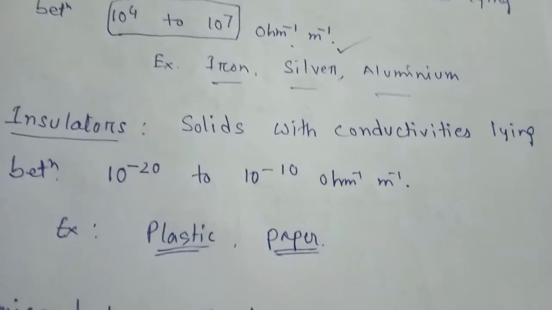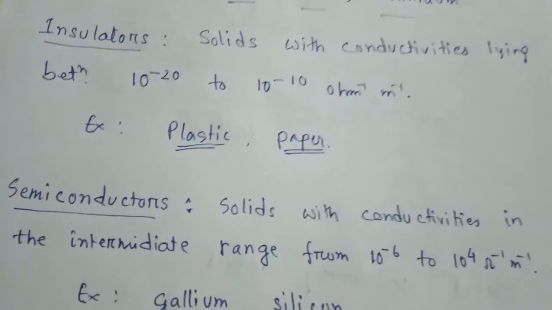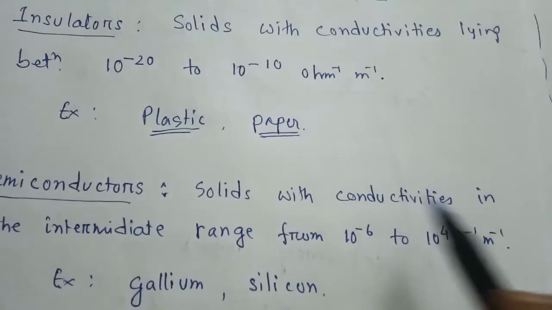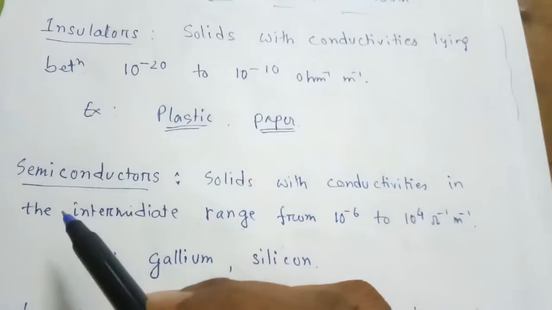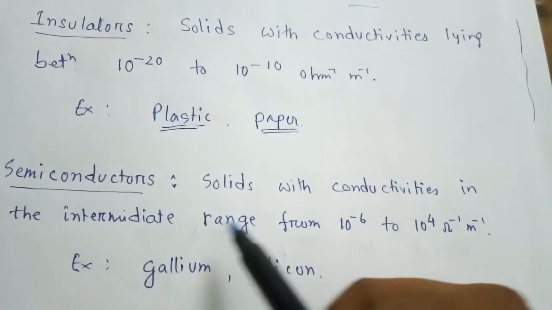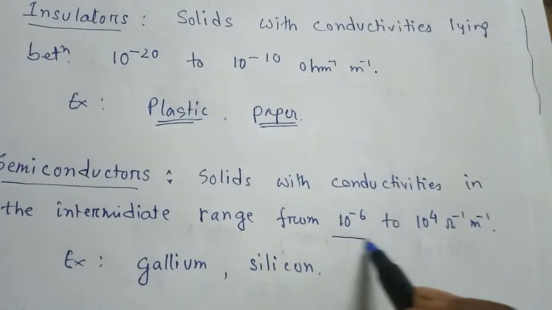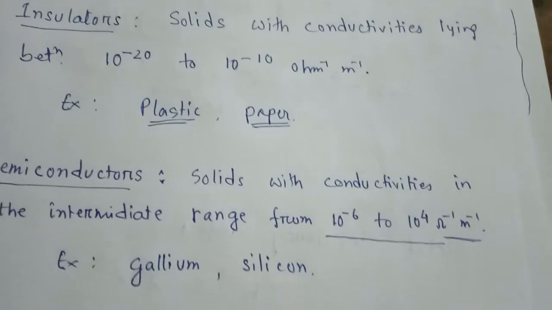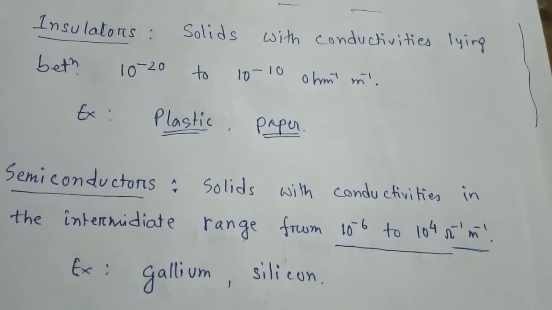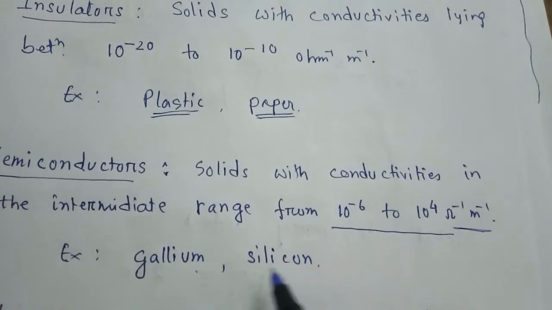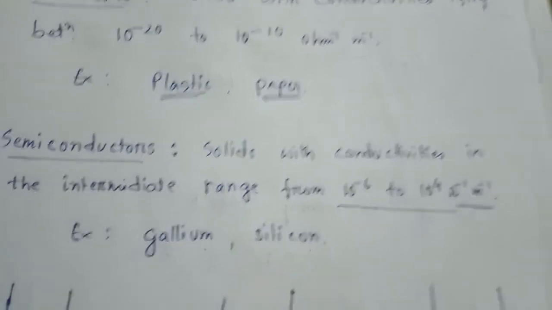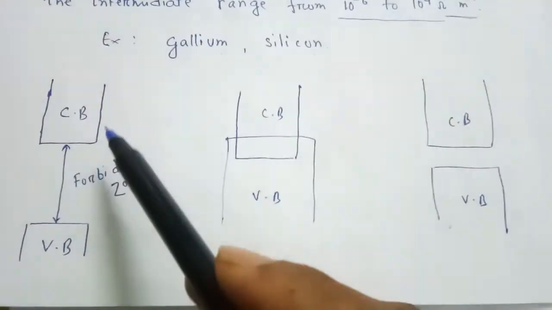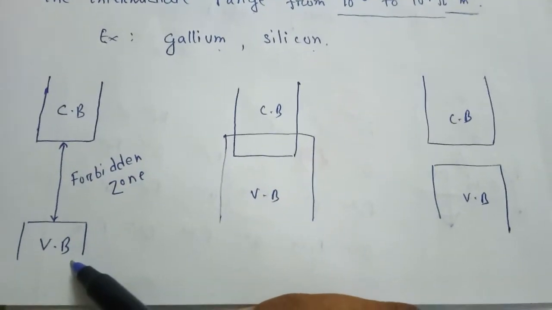Examples of insulators are plastic and paper. Another one is the semiconductor, a solid with conductivity in the intermediate range, 10⁻⁶ to 10⁴ ohm⁻¹ m⁻¹. Examples of semiconductors are gallium and silicon. Now we are taking a diagram. This is the conduction band, this is the valence band.